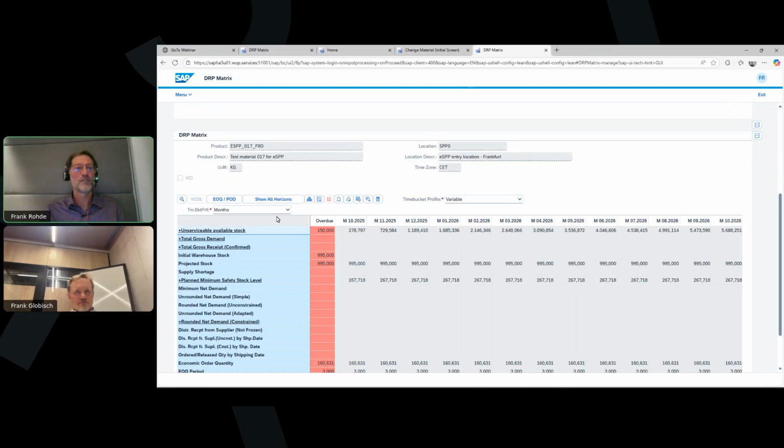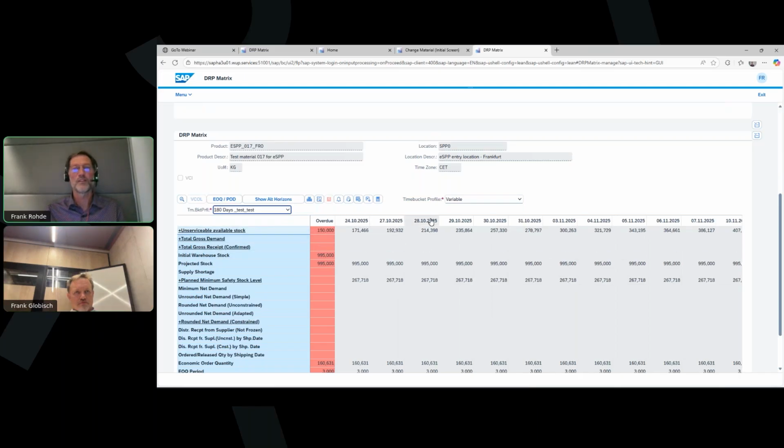We switch back to days first, in order to see it better. So now we have the DRP in daily buckets, which is normal behavior, and we simulate with this flag activated. The result we will see is different.